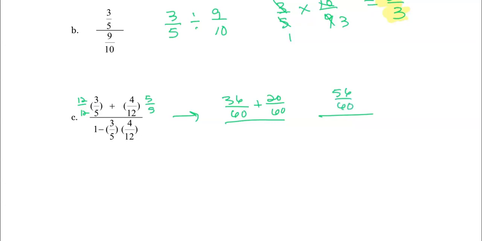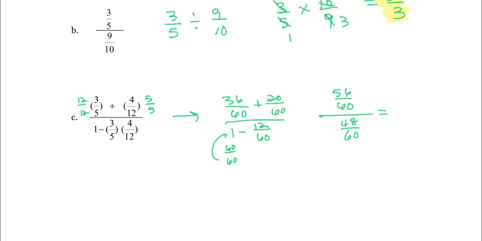Okay, now let's work on the denominator. That's going to end up being 1 minus, you can multiply these together without getting the same denominator, 12 over 60. Okay, turn your 1 into 60 over 60 because that's equivalent to a 1 and that lets you do the subtraction. That becomes 48 over 60.